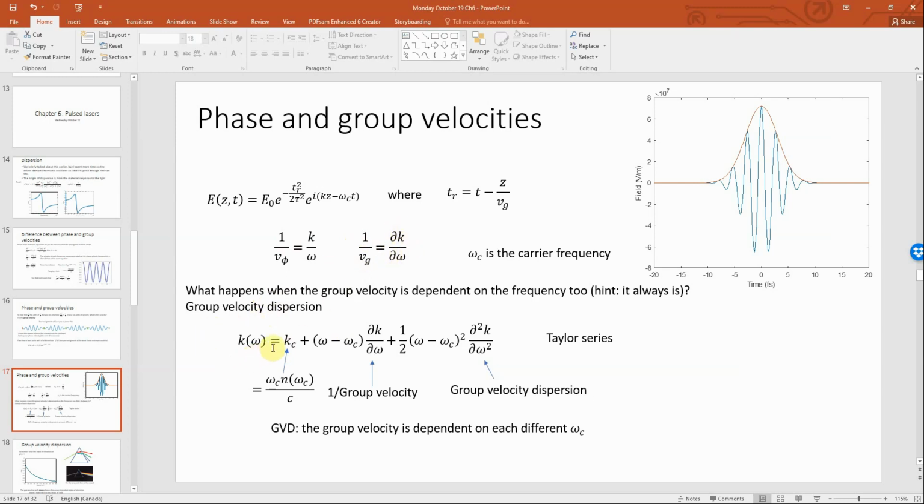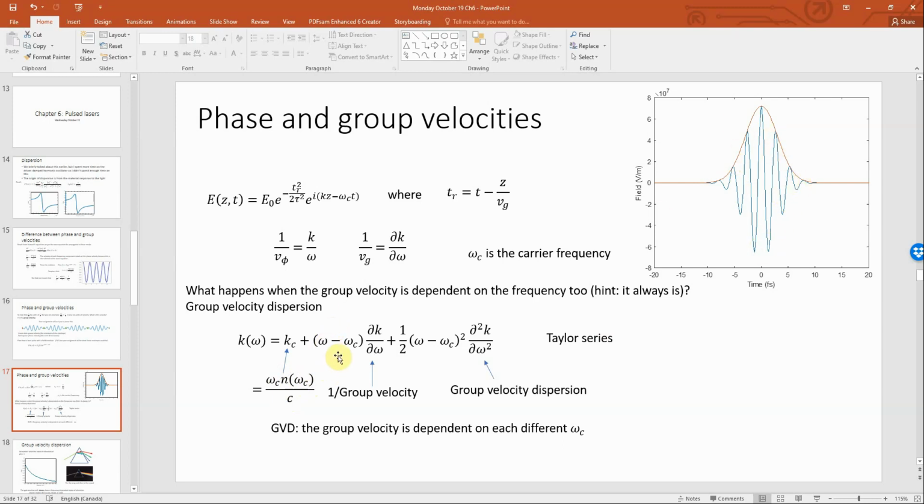So if we take this wave vector k, which is, remember, 2 pi over lambda, we want to expand it in terms of a power series. What we get is the first term is just this k of the carrier frequency, which is going to be omega of the carrier frequency divided by the speed of light times the index of refraction at this carrier frequency, whatever the central oscillation frequency is.